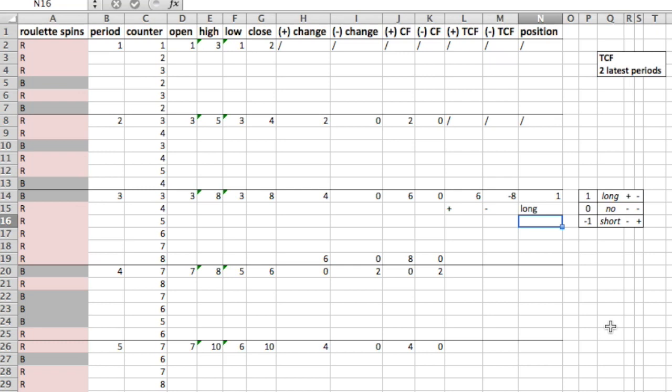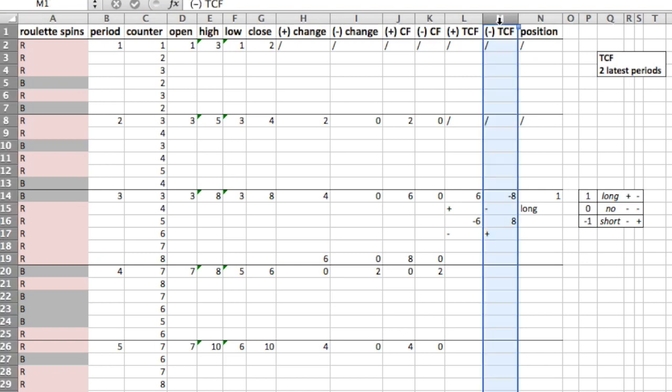Now assume here was minus 6 and plus 8. So here is the negative number, here now is the positive number. Again, the system detected a trend. In which direction?